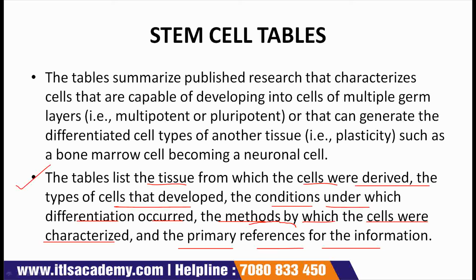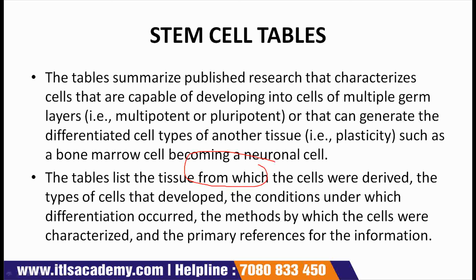Although I have not included these primary references in this lecture because they are not required for you, I will tell all the things like the tissue from which cells were derived and what kind of cells will form, and the conditions, and the methods. Let us continue with other things.